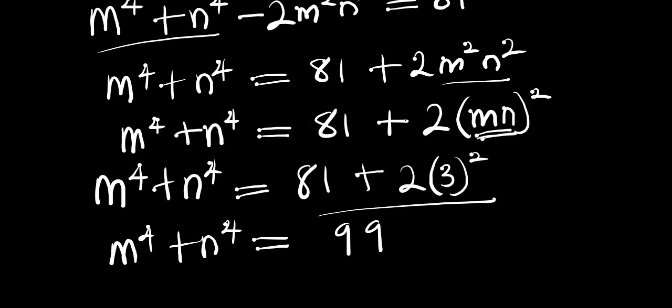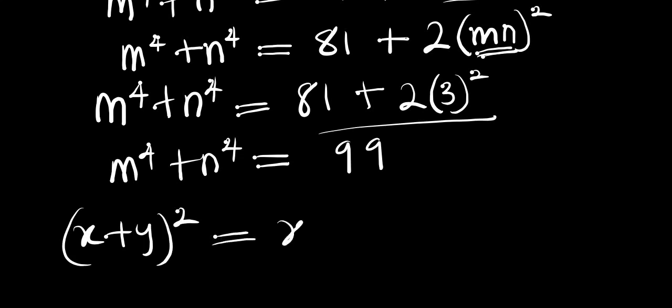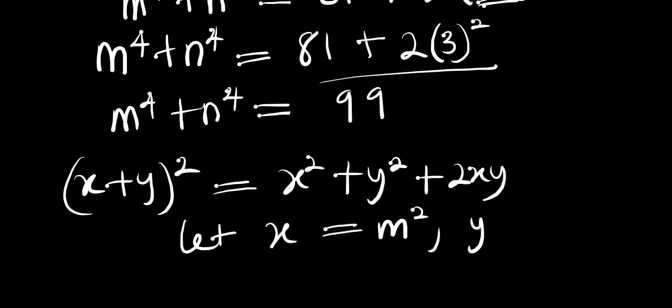The next thing we are going to do is consider this other identity. If you have (x plus y) all power 2, this is equal to x squared plus y squared plus 2xy. Let x be equal to m power 2 and y be equal to n power 2.